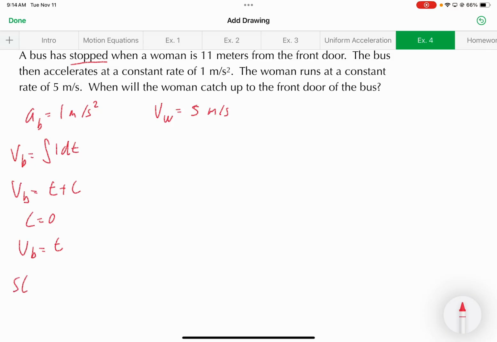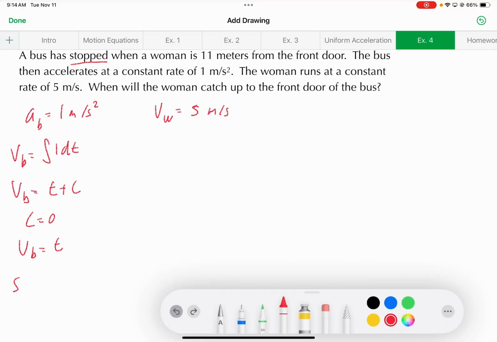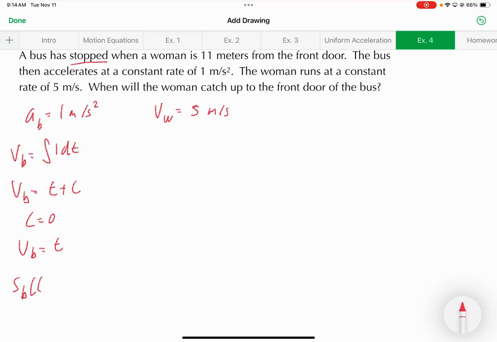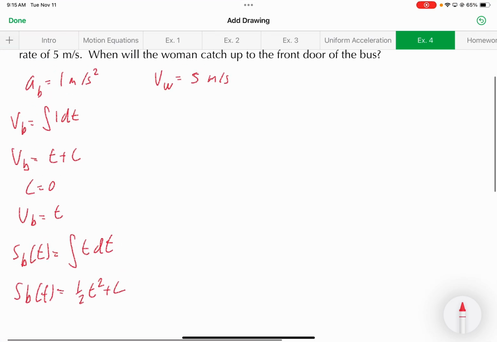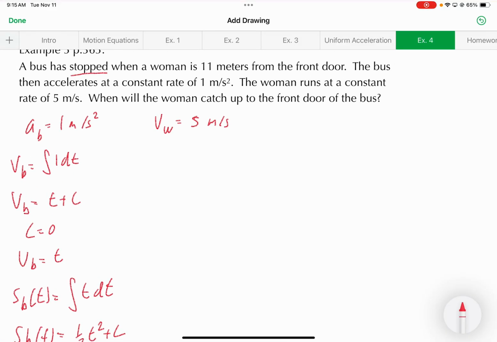Let's keep going. The position of the bus is going to be the antiderivative of my velocity, which is 1/2 t squared plus c. Now we're dealing with position, so that goes back to my first sentence: the bus is stopped when a woman is 11 meters behind the front door.